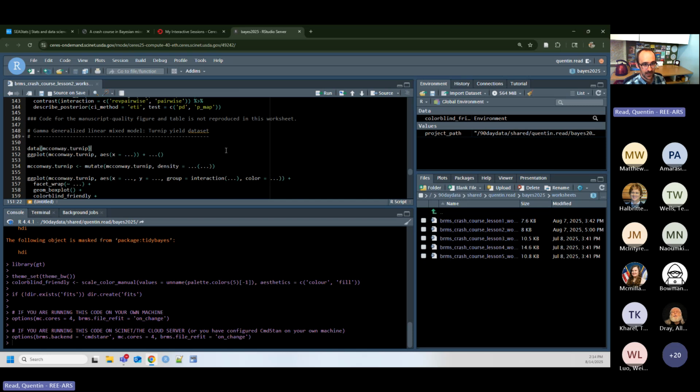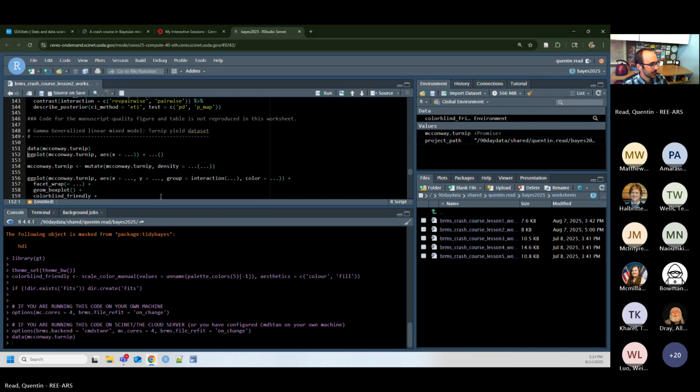And the first thing that we're going to do is put our cursor on line 151 and hit Control Enter. Data is the function that loads the example data set from the package that we're going to be working with. In real life, we usually read data in from an external file, but here we're just using an example data set that comes preloaded with a package that we have installed.